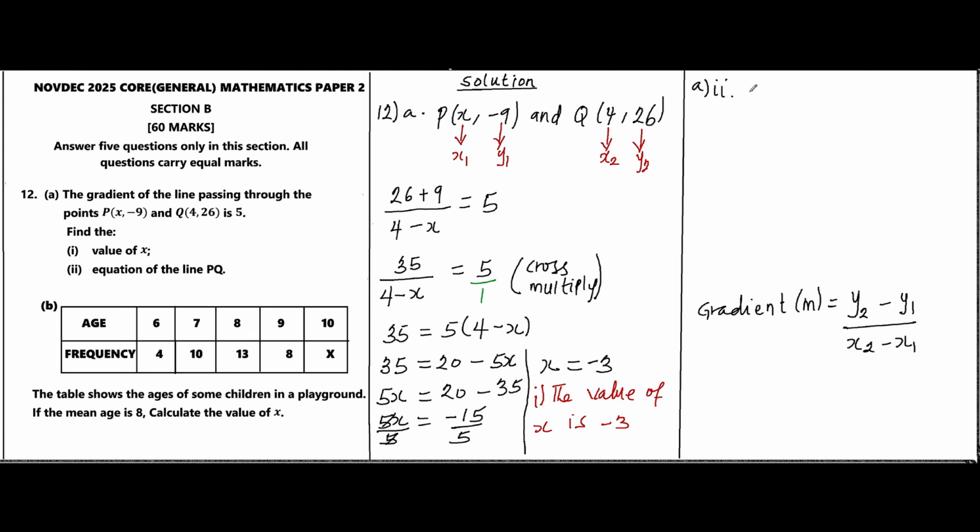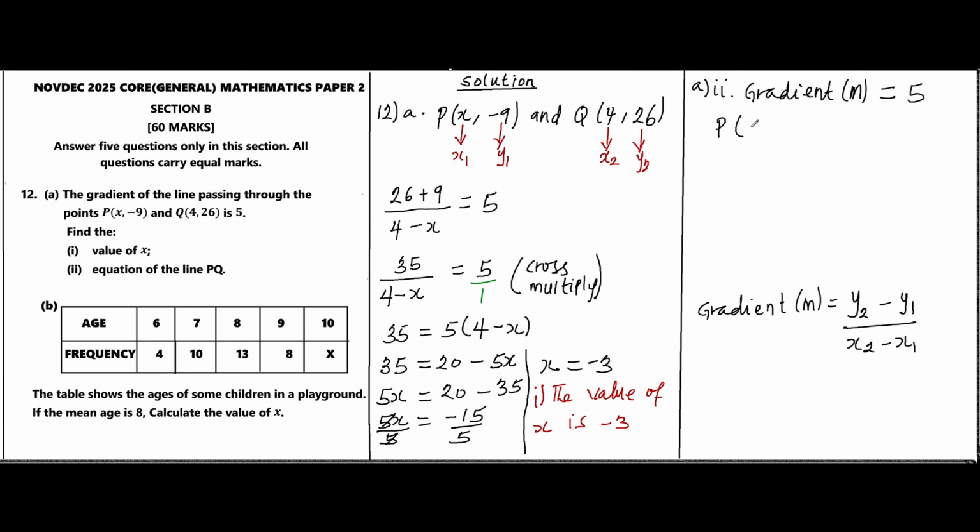So we are told that the gradient of the line, which is m, is 5. So this one, we don't need any calculation. Then we need any point on the line. So we can select any of the points, either point P or point Q. Any of them will satisfy the equation. So in my case, I'm selecting the first point, which is P.